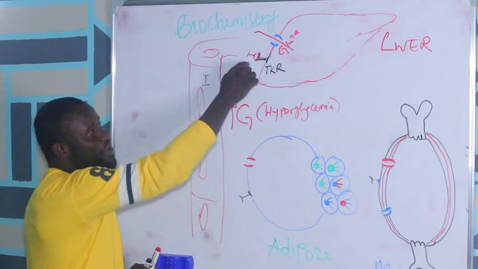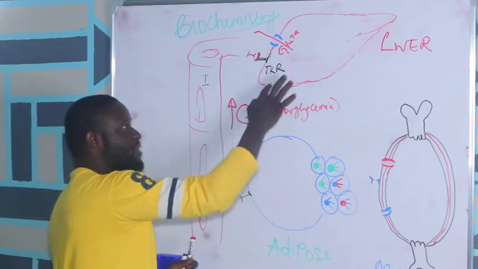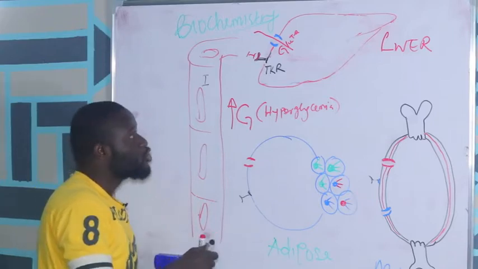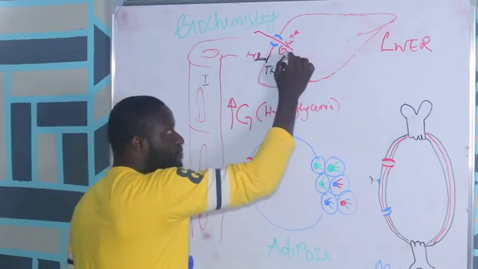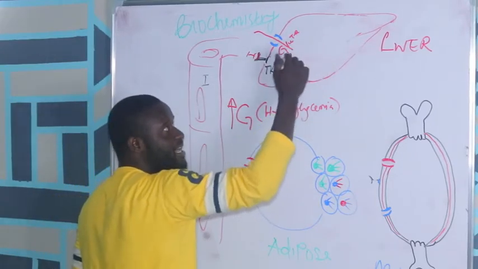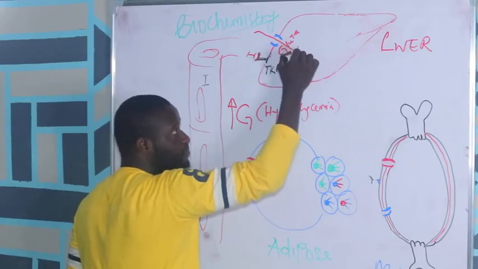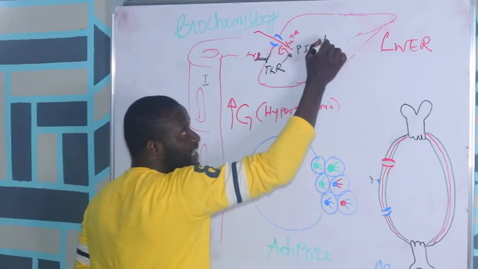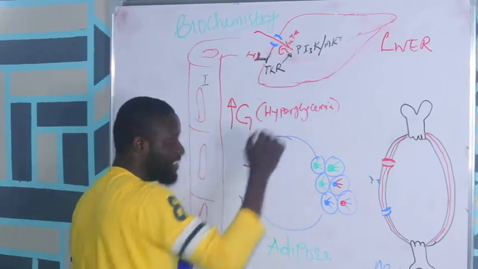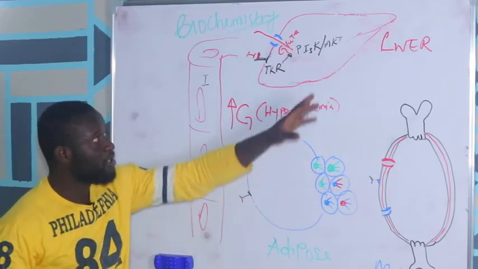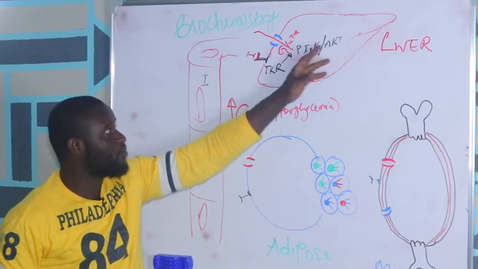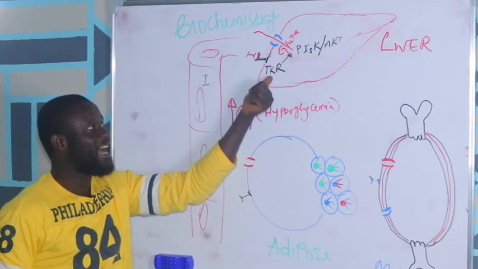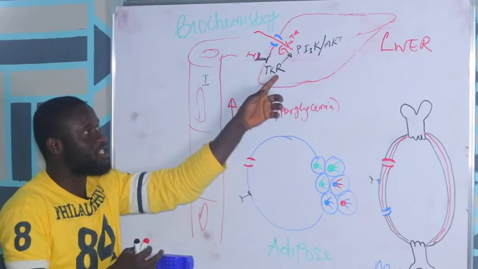When it binds to the tyrosine kinase receptor, it stimulates the receptor to synthesize an intermediate called PI3K and AKT. AKT is an enzyme that is produced from the stimulus when insulin attaches itself to the tyrosine kinase receptor.